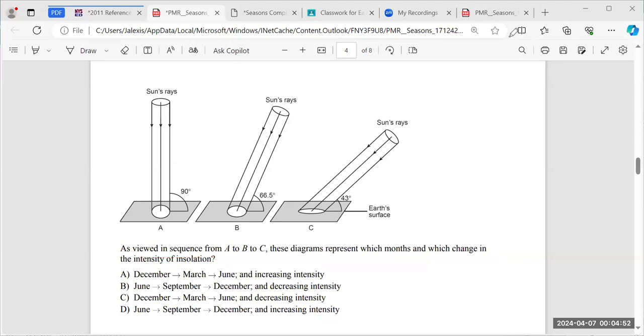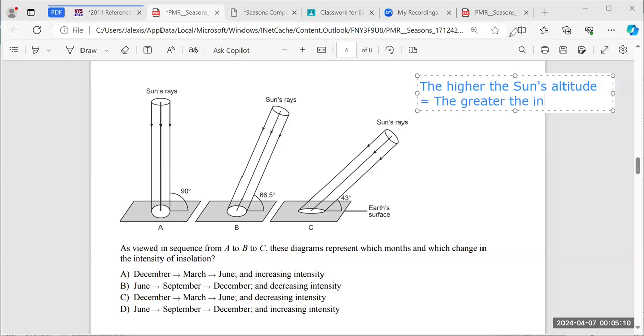One thing we have to remember is that the higher the sun's altitude, the greater the intensity of insolation.